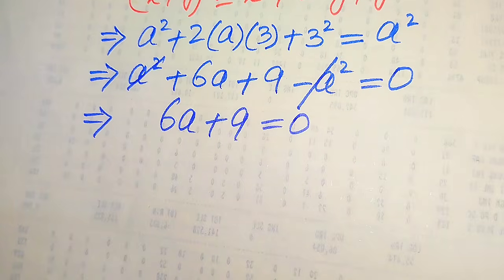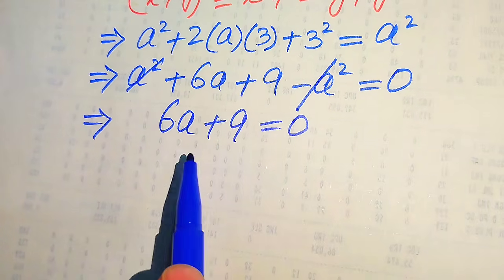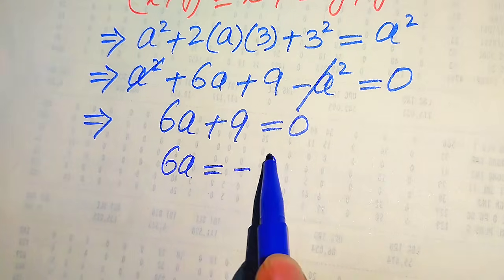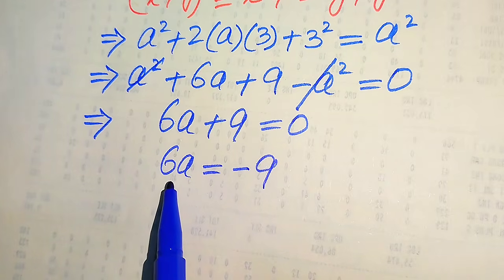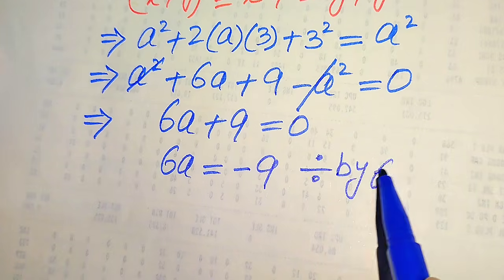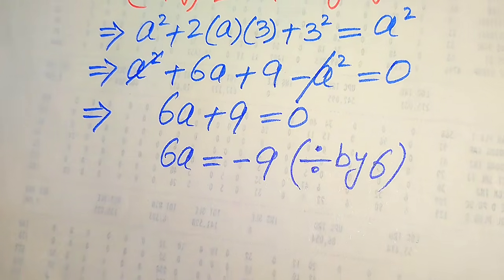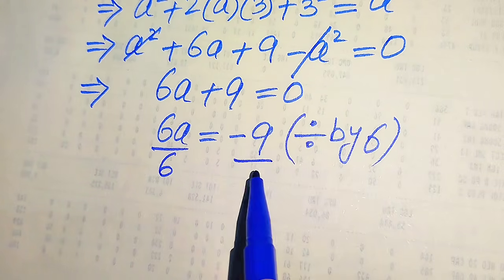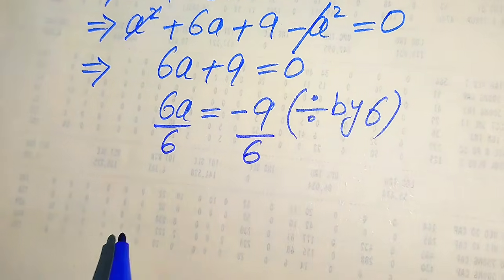Now our target is to get the value of a. For this we move this plus 9 to the right hand side, and it becomes 6a is equal to minus 9. For removing 6, we divide both sides by 6, so it is written as 6a divided by 6 and minus 9 divided by 6.